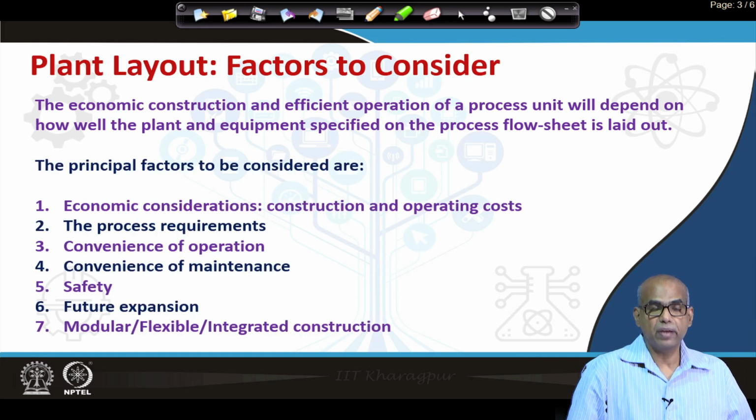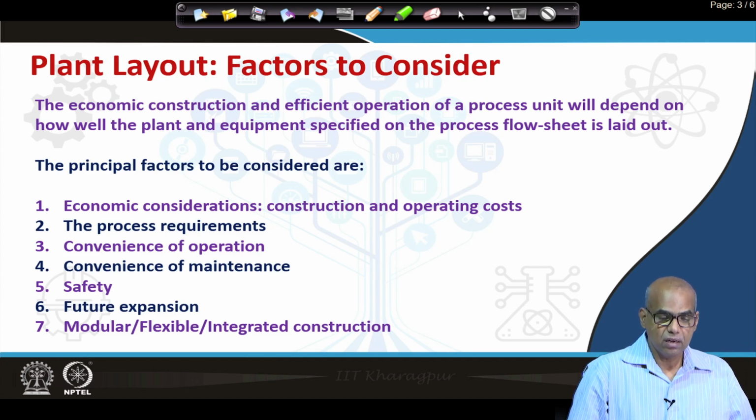These are the principal factors to be considered for plant layout: economic consideration, construction and operating cost, the process requirements, convenience of operation, convenience of maintenance, safety, scope for future expansion, and modular or flexible or integrated construction.